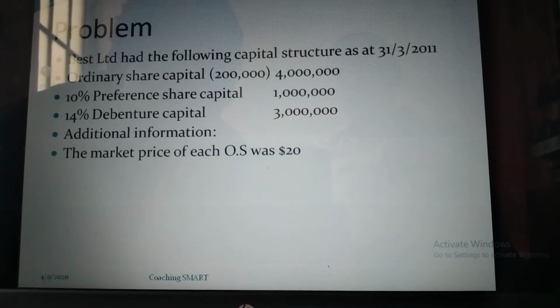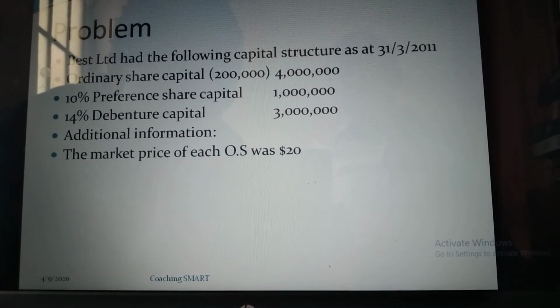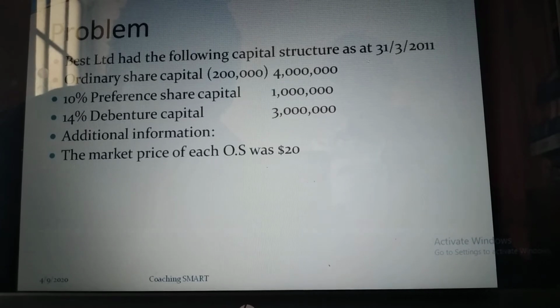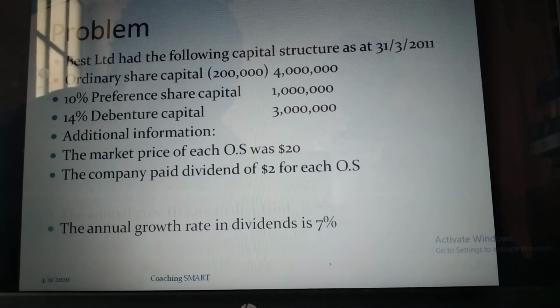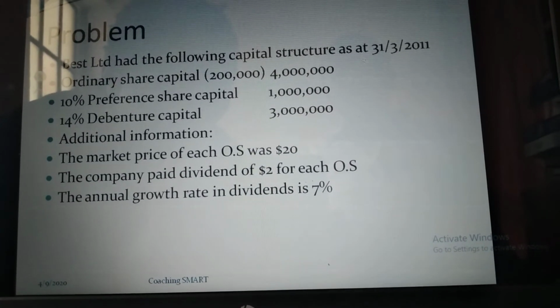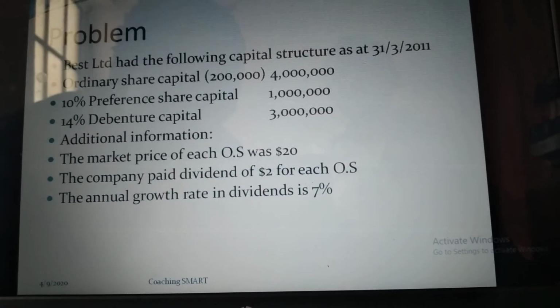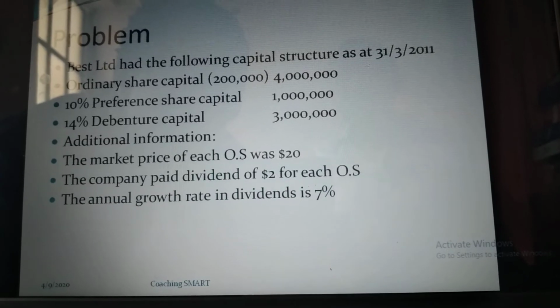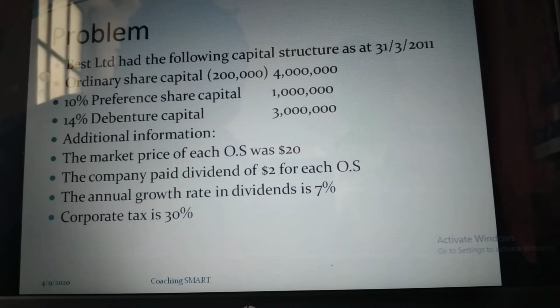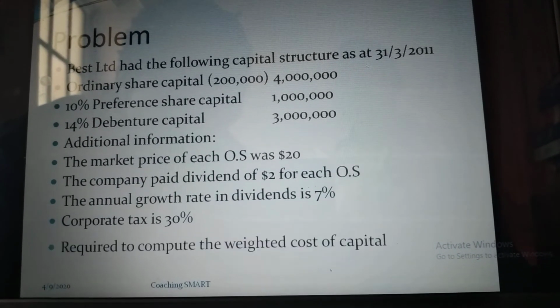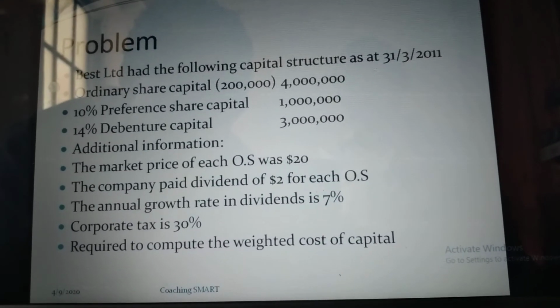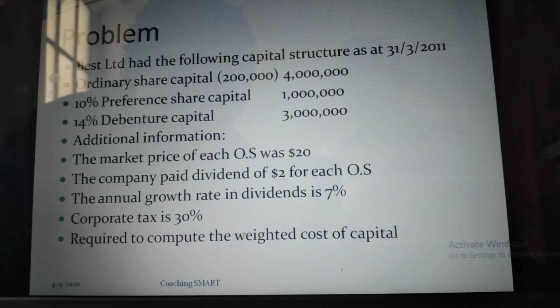Additional information: the market price of each ordinary share was $20. The company paid a dividend of $2 for each ordinary share. Annual growth rate of dividend is 7%. Corporate tax is 30%. You're required to compute the weighted average cost of capital.